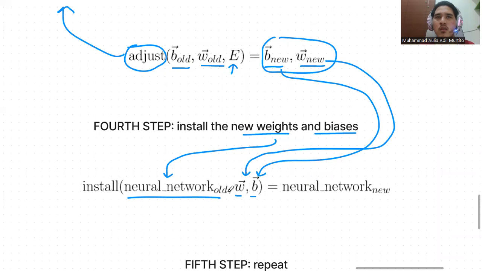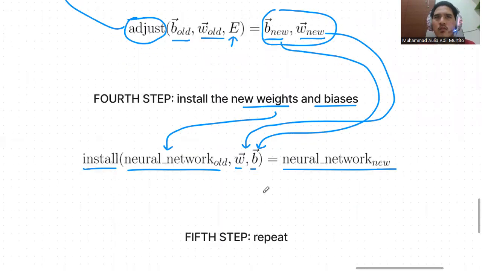Yeah, and so we install them, and the result will be a new neural network with the new weights and the new biases. So this is the fourth step. We get a new neural network which has new weights and new biases.